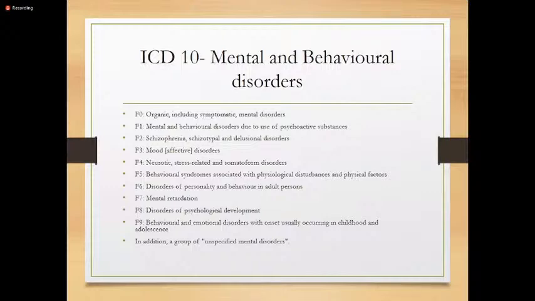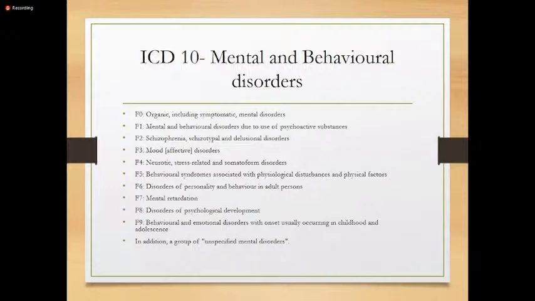Then they have the mood disorders, mood as in affect, disorders in which it's mainly the affect that is impaired. That includes depression and bipolar, or what we used to call manic depressive. Then they still use the neurotic, stress-related and somatoform disorders, which was dropped by the DSM criteria. Behavioral syndromes associated with physiological disturbances and physical factors.